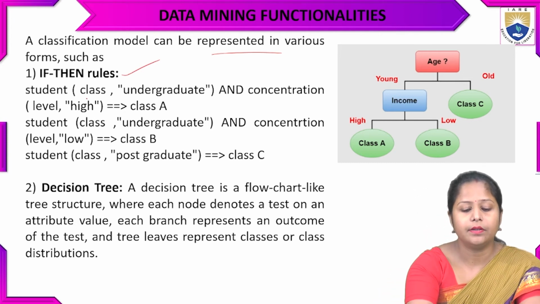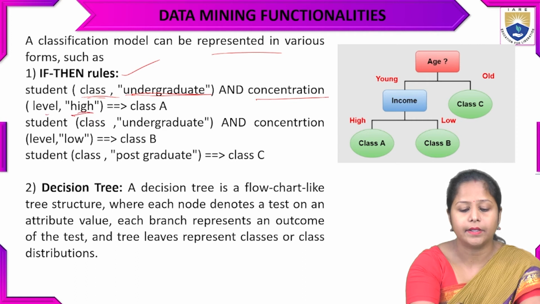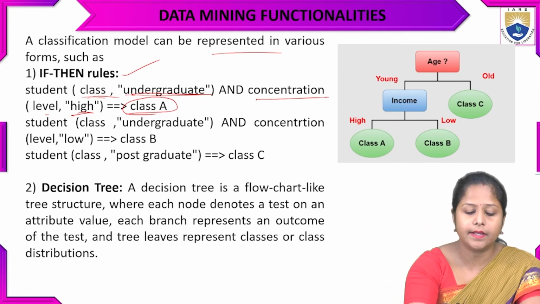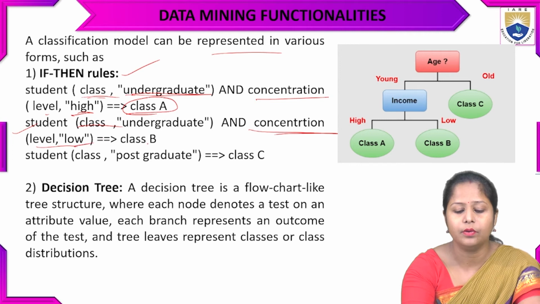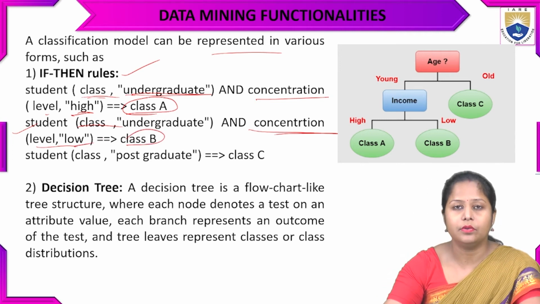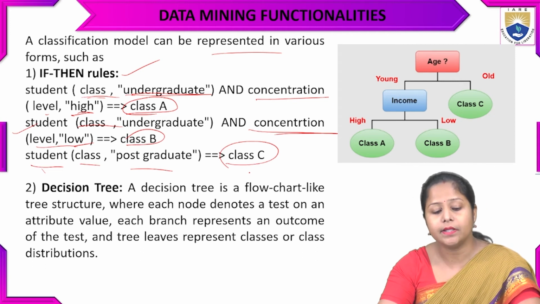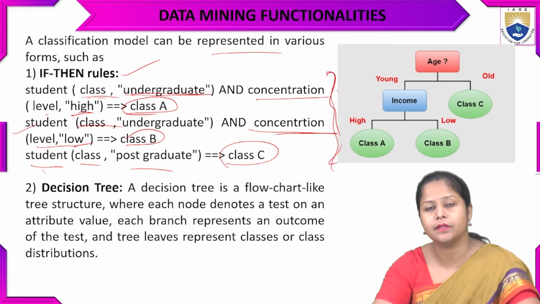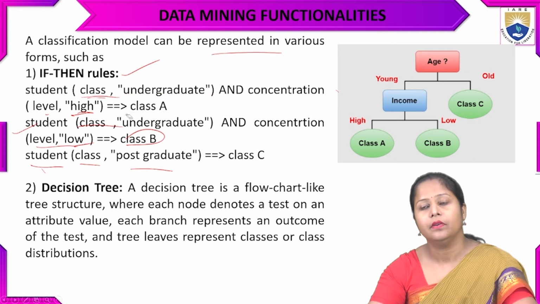For example, if student, in brackets class comma undergraduate, and the combination is concentration level high, then that will come into class A. Second, the student who has class undergraduate and a concentration level of low will be in class B. And the student with class postgraduate will come into class C. So these are the if-then rules to depict the model, that is, the model representation in the form of if-then rules. Decision tree.